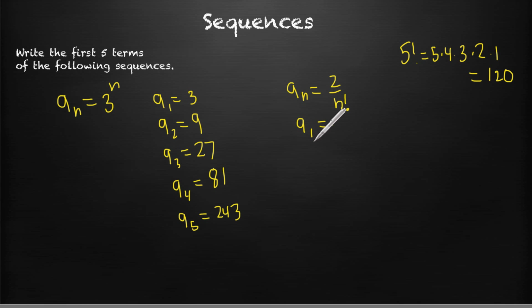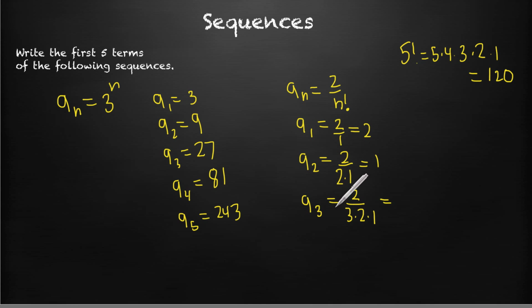But this is asking us for a sub 1, so 2 over 1, that is 2. And then A2 is going to be 2 over 2 times 1, which is 1. And then A3 is going to be 2 over 3 times 2 times 1, and you can cancel the 2's out, and this ends up being 1/3.